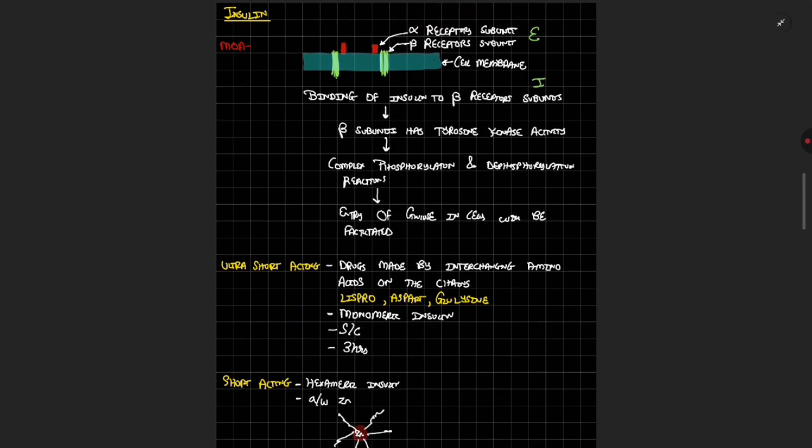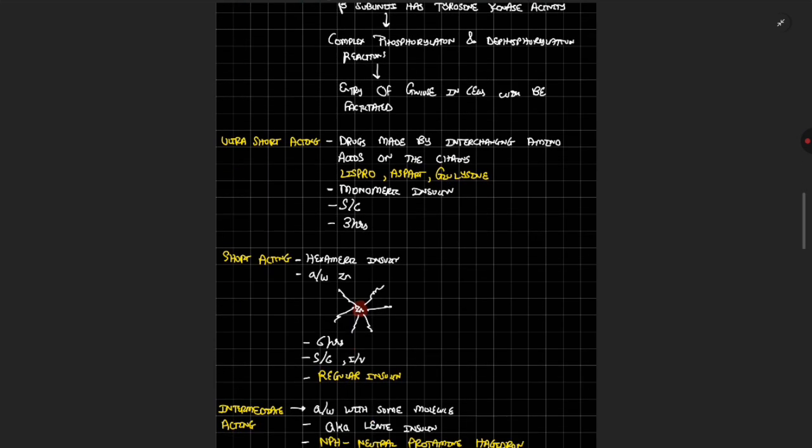Then we saw the mechanism of action of insulin, where the receptor has alpha and beta subunits. Insulin binds to the alpha subunit, and the beta subunit has tyrosine kinase activity, so phosphorylation and dephosphorylation reactions occur, which leads to the entry of glucose into the cells.